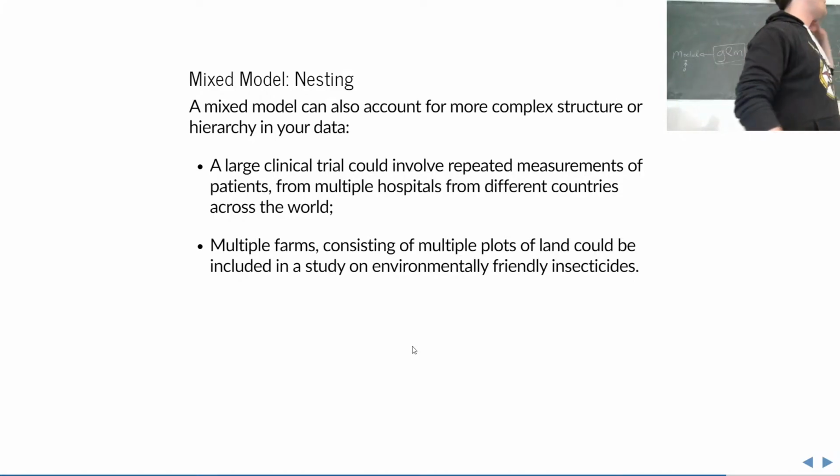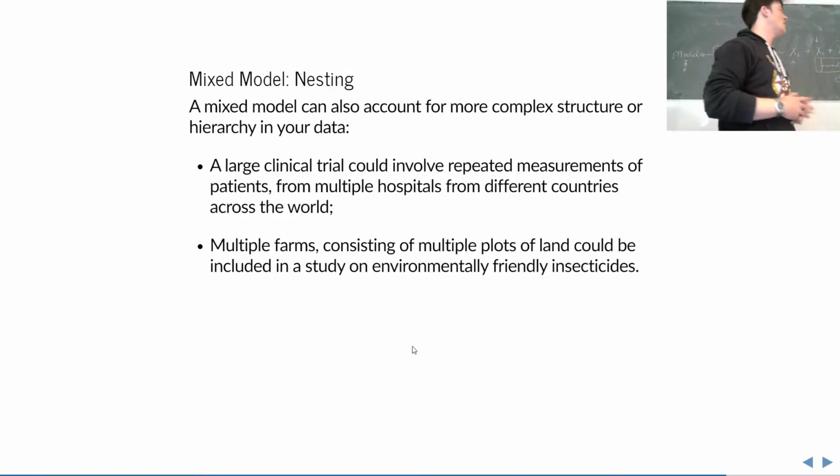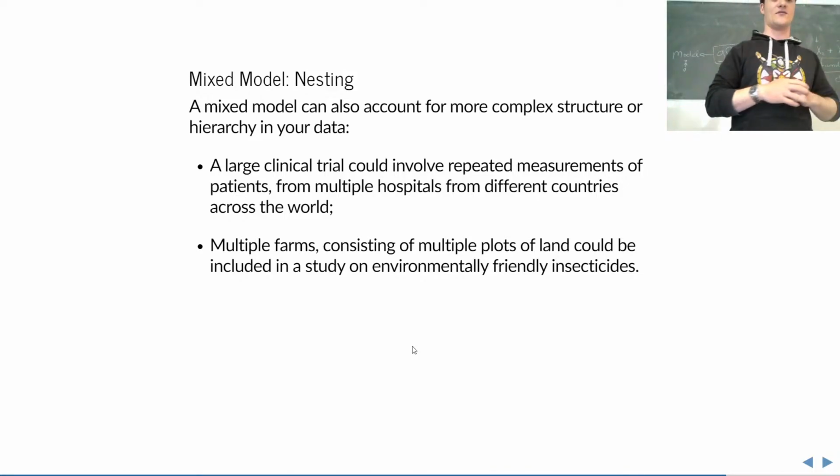Then we have different hospitals from different countries, and the patients are nested in a hospital which may have better or worse healthcare, which is nested in a country which may be richer or poorer, or may have different rules. So that means that there's a nesting structure, a hierarchy by which your data are dependent. Now, that's what we're going to cover now, how you can do that with a mixed effects model.